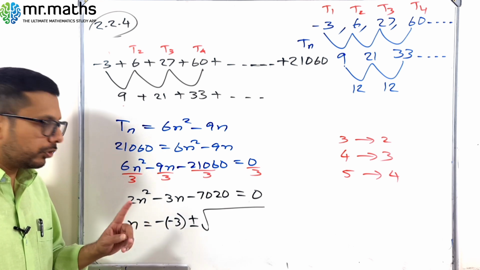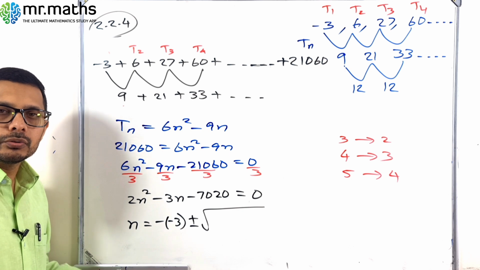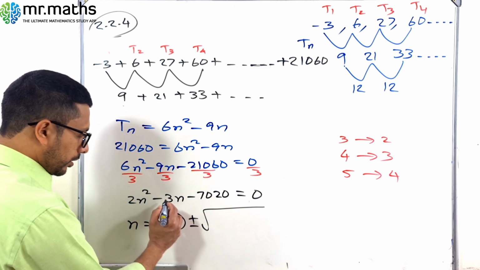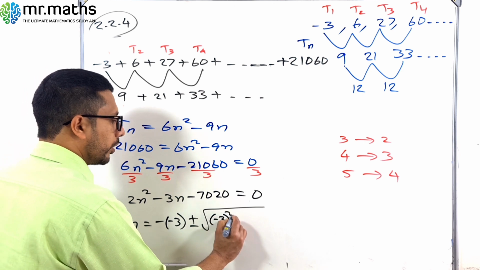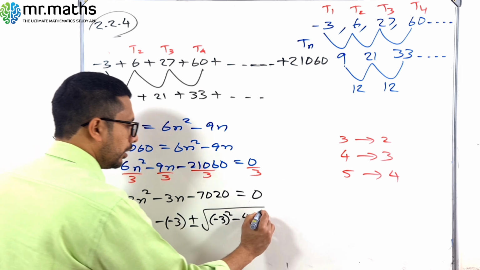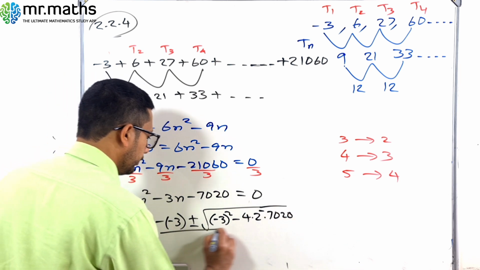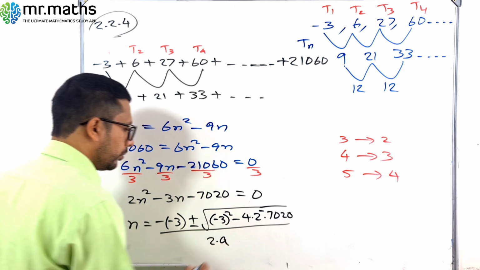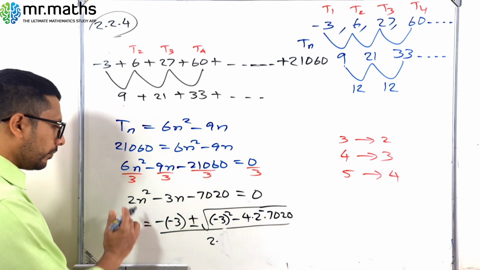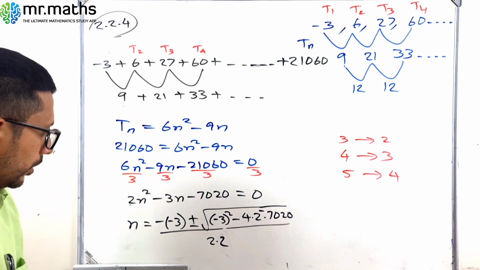Those who don't know how to apply it, you have to study the algebra section, where I explain clearly. b square, so it is minus 3 square, minus 4 into a into c, minus 7020, divided by 2 into a. What is the value of a? It is 2. Take your calculator and try to find the answer.